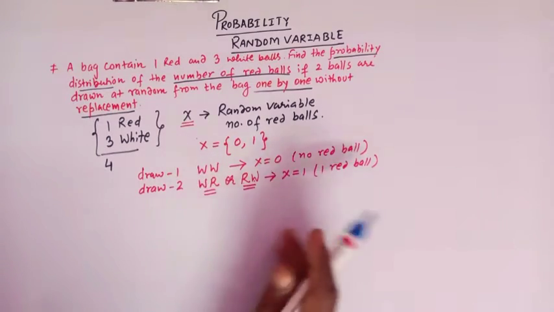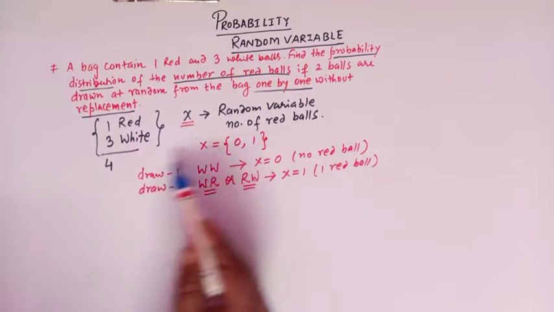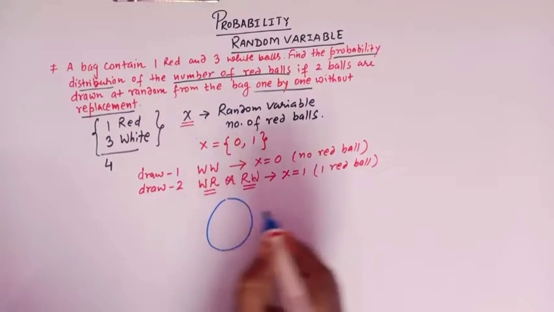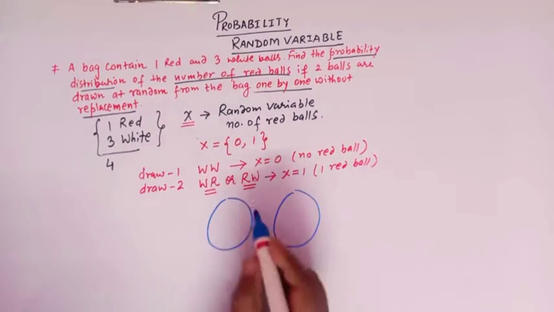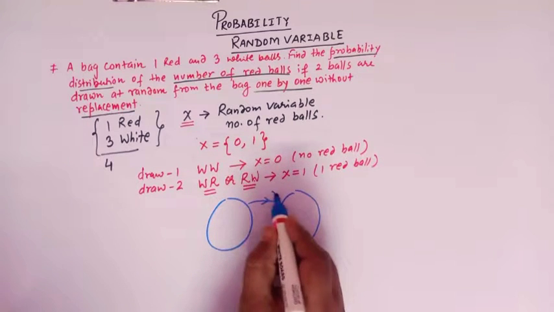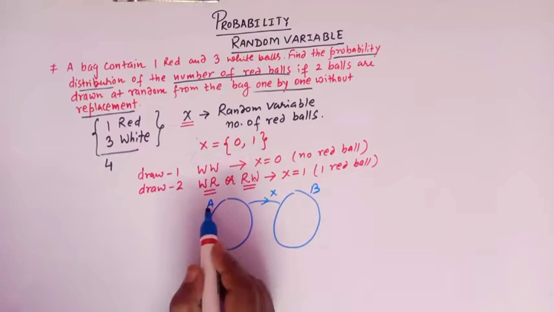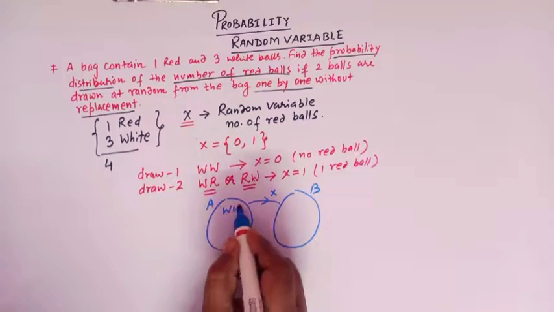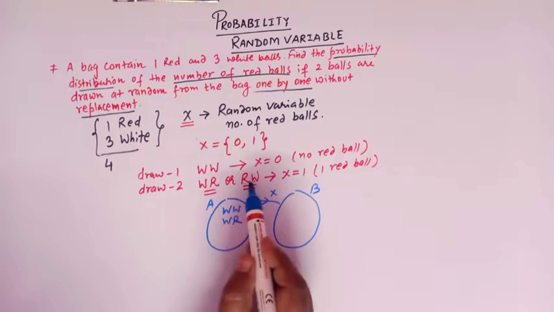So now if we wish to express this information in the form of a diagram, then we may have two sets, right? And the random variable x is from set A to set B, where set A has the events, that is WW, WR and RW, which are the same events, right?